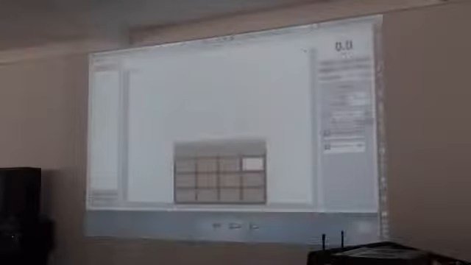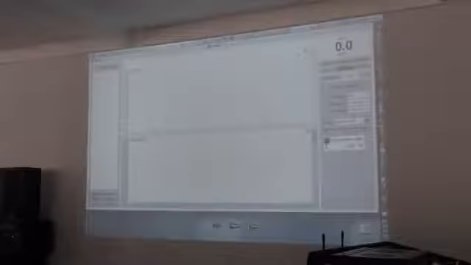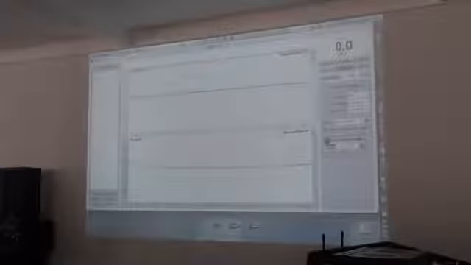In the case of the frequency response, the graphic that we have here on top is the frequency response.